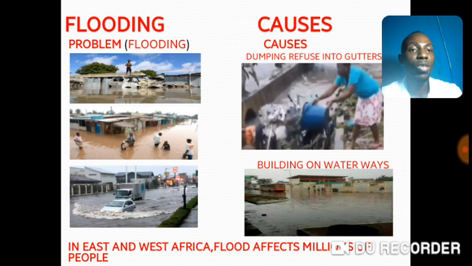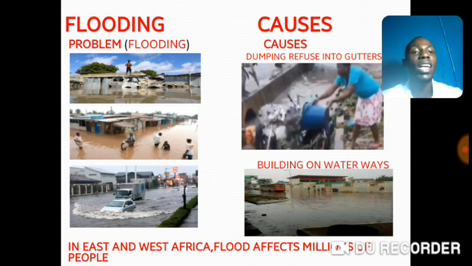Secondly, below the woman, building on waterways. We can see a building there that has water all over. Yes, when we decide to construct our buildings at places that are supposed to be passages for water, this makes it difficult for the water, such as river connections and waterways, to flow.